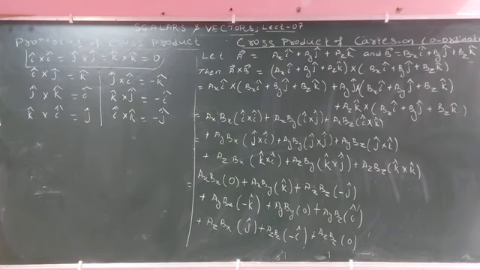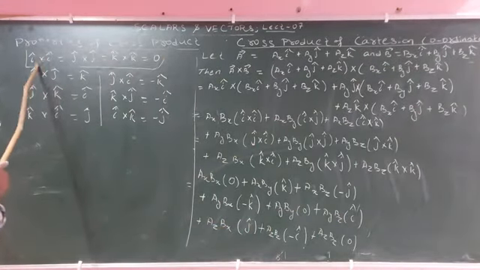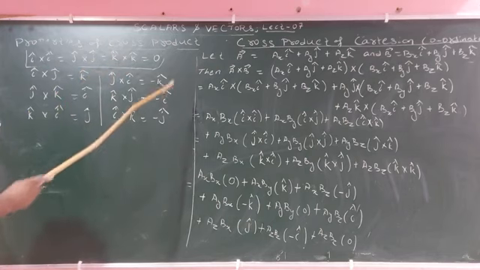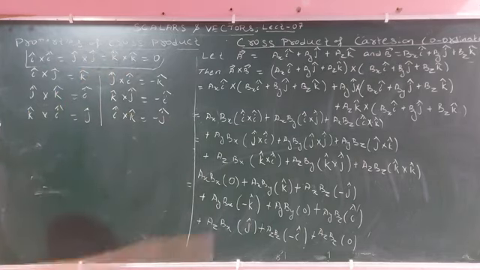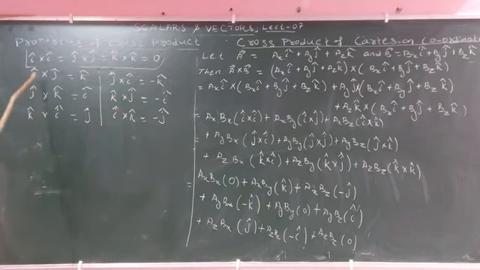So applying the orthogonality property, i cap cross i cap, j cap cross j cap, k cap cross k cap is 0. Similar unit vectors crossed give 0.